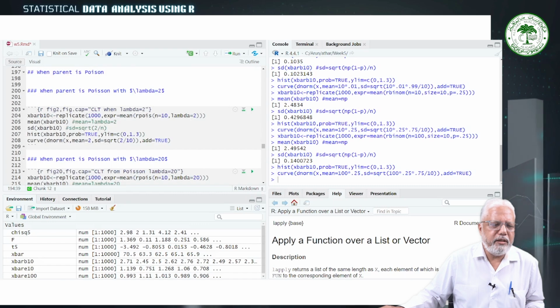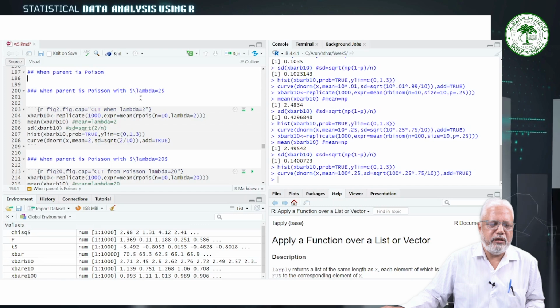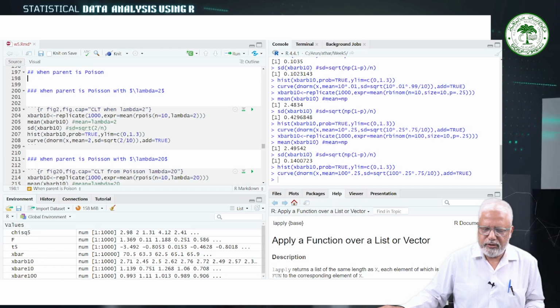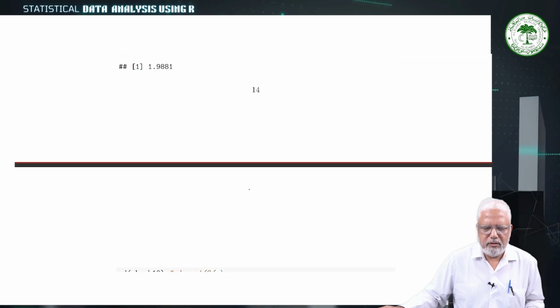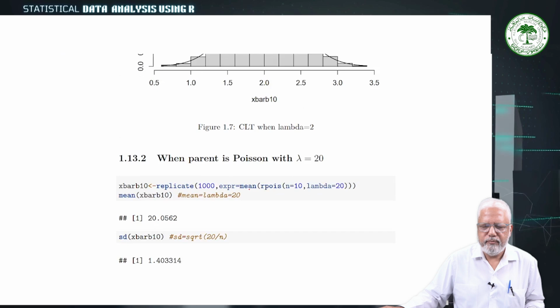Now when the parent is Poisson, what will be the effect of the central limit theorem? So first I would like to go into the PDF, and there I would like to display from here.